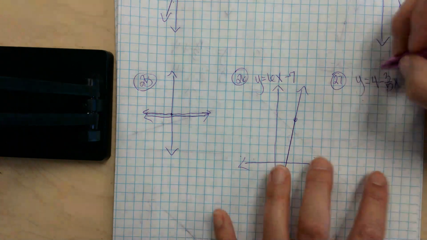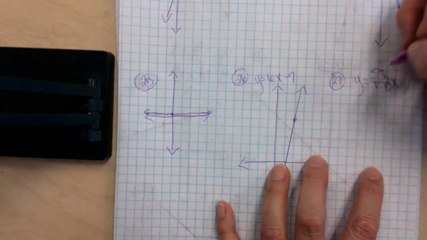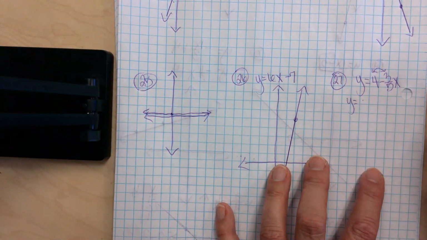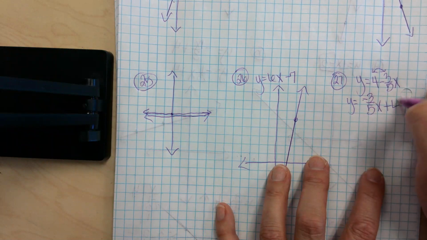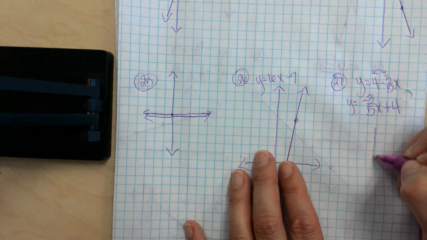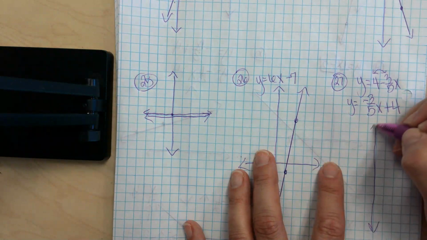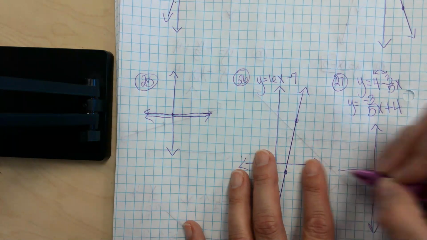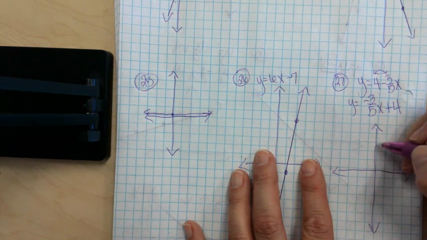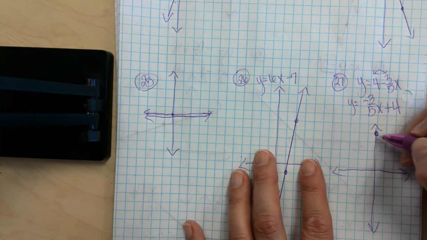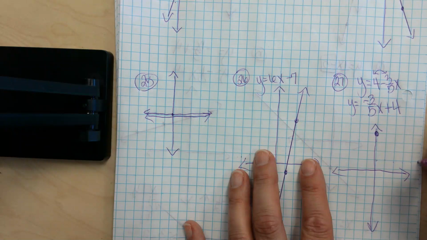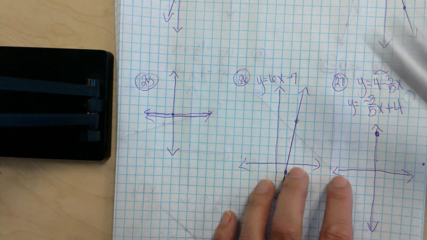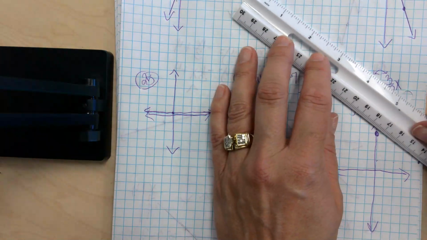Yeah, so we just need to flip-flop these, but nothing's going to change sign. y equals negative 3/5 x plus 4. So we're going to start at 4, and we're going to go negative 3 over 5. That's going to go right to the edge.